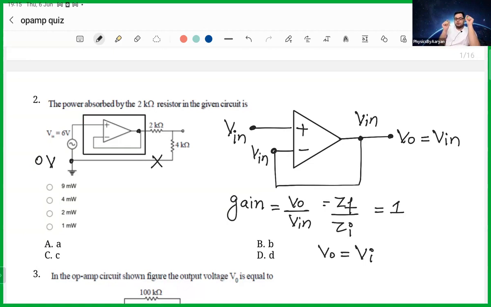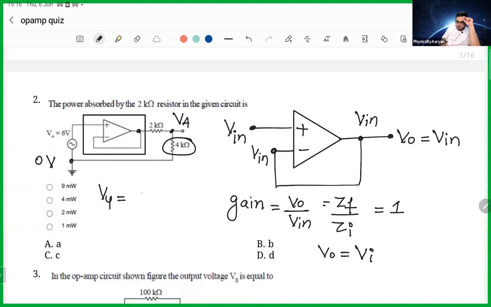So what can I say very certainly about my voltage? Because it is also fed back. So let's say the voltage at this point is VA. Now that VA, some part. So what is the voltage around the 4k ohm?